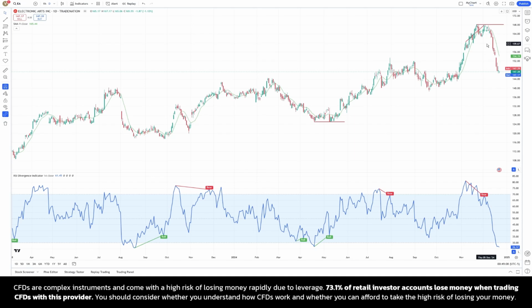In highly volatile markets, false divergences may also occur, where the RSI divergence fails to produce a significant price reversal. Therefore, it is essential to use the RSI Divergence Indicator alongside other forms of analysis to reduce the likelihood of acting on false signals.